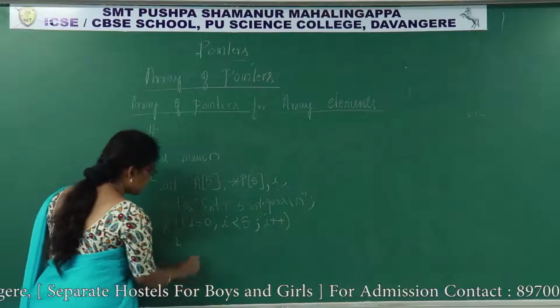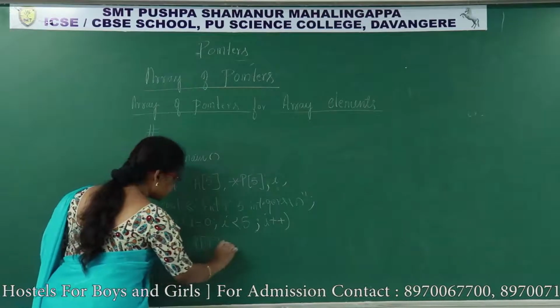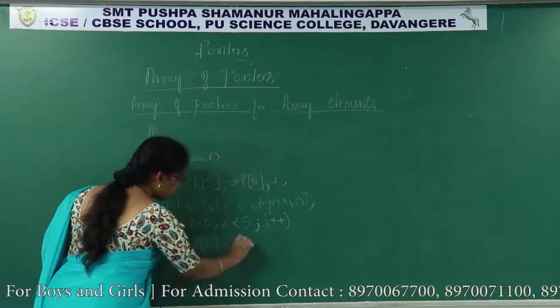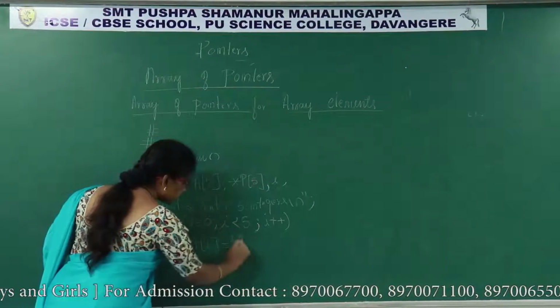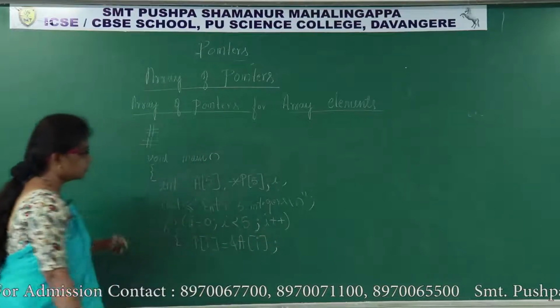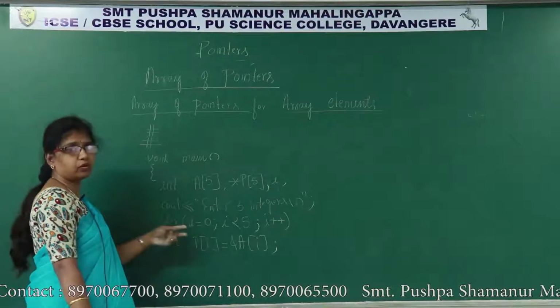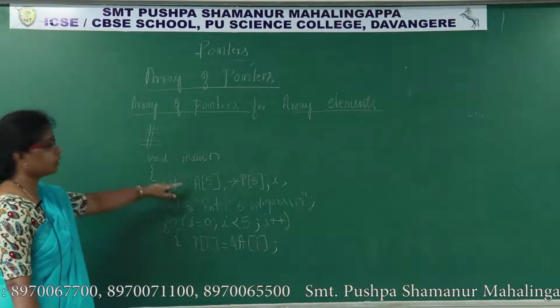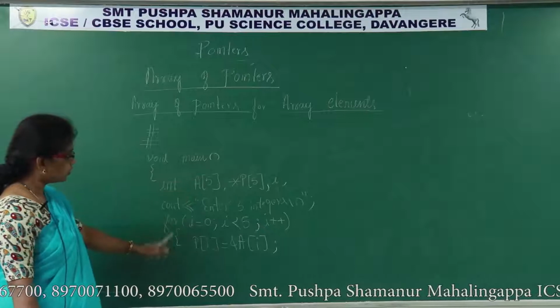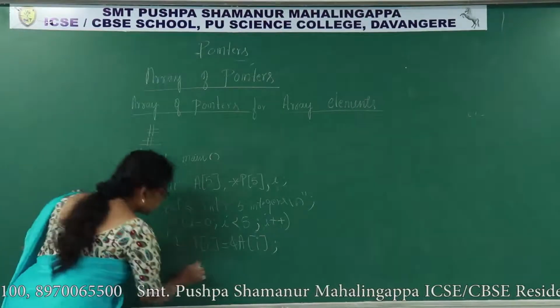I have to initialize here. P of I is equal to ampersand A of I, semicolon. So here I modify a little. Before, I read array elements using the array name itself. Now I do the same thing using an array of pointers.